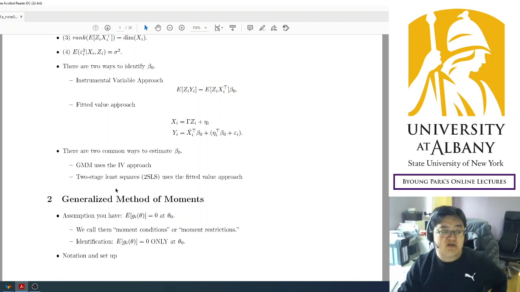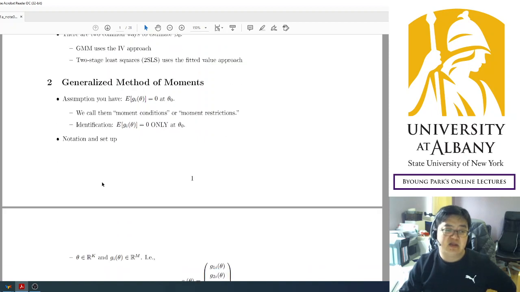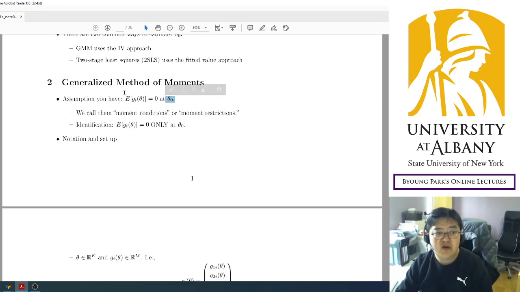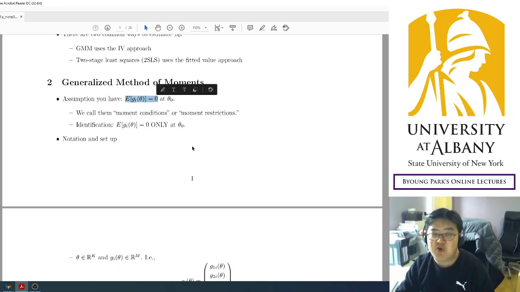We will first study the generalized method of moments. Now it is a general framework. Suppose that the assumption or the identification result implies that the expected value of some function that depends on the parameter equals 0 at the true parameter. So the true parameter is the solution to this equation.